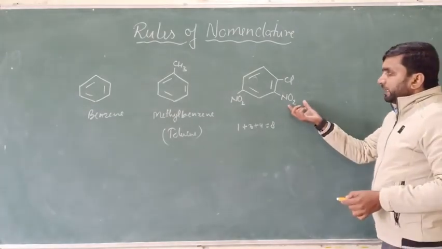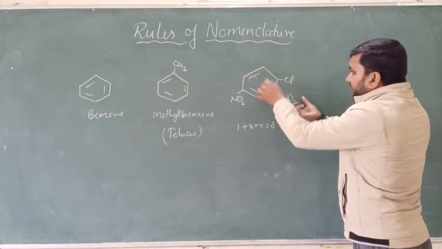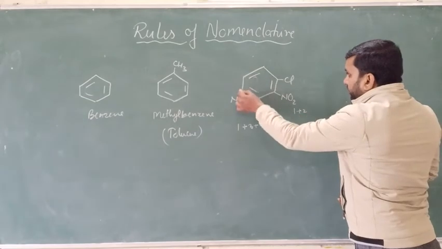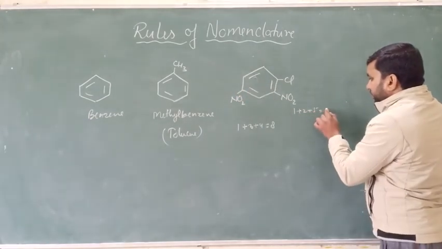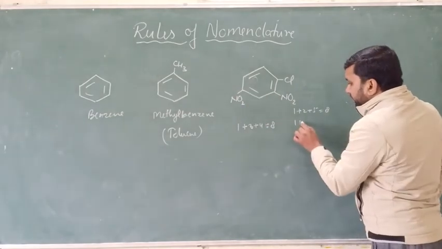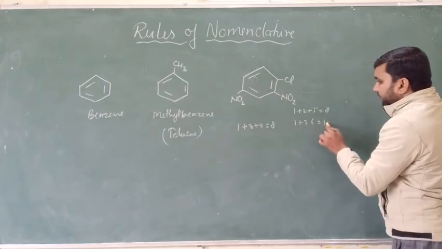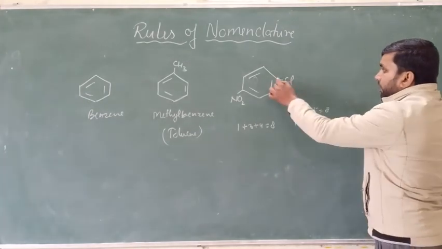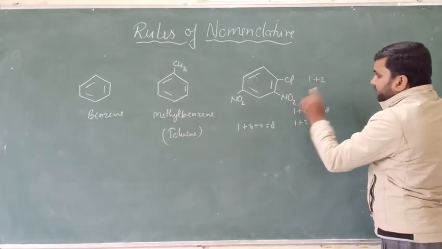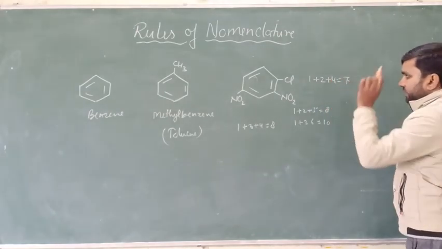Suppose we start from this NO2, there are 2 ways. Going this way, 1, second chlorine at 3rd, 4, 5, total 8. Going the other way, NO2 at 1, 2, 3, second NO2 at 3rd, 4, 5, 6, it will become 10. Now if we start from chlorine and go this way, chlorine 1, first NO2 at the 2nd position, 3, 4, second NO2 at the 4th position, it will be equal to 7.